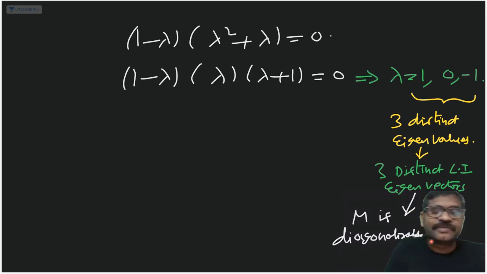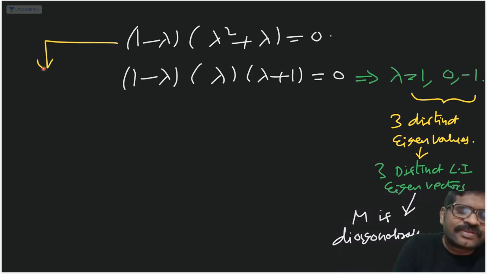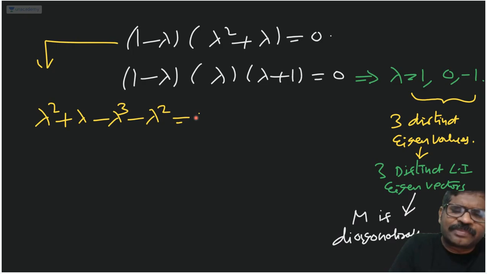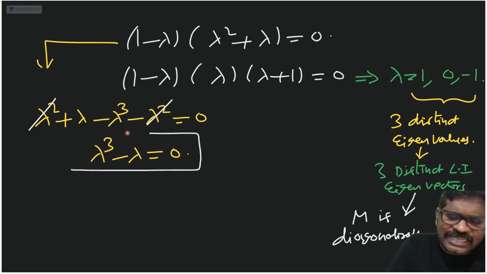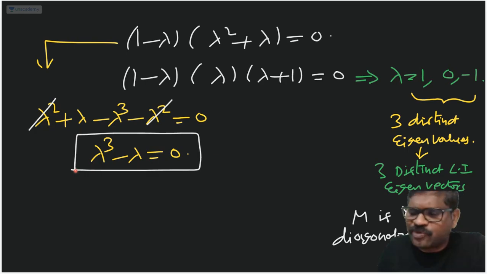Next, come here. Lambda square plus lambda minus lambda cube minus lambda square equal to 0. Lambda square minus lambda square cancel. Lambda cube minus lambda equal to 0. The characteristic equation is lambda cube minus lambda.